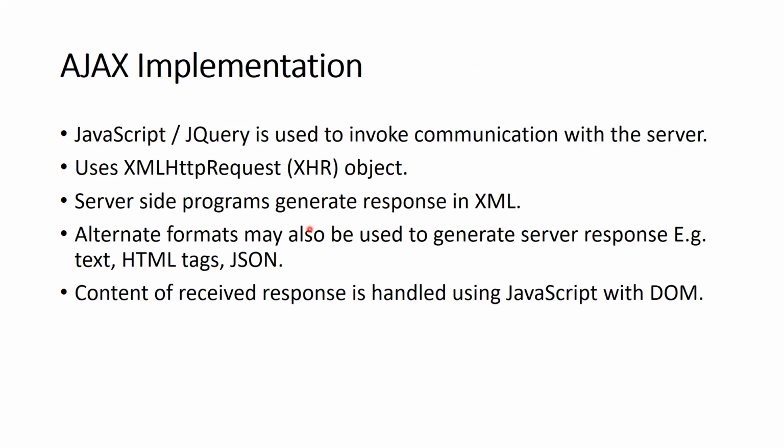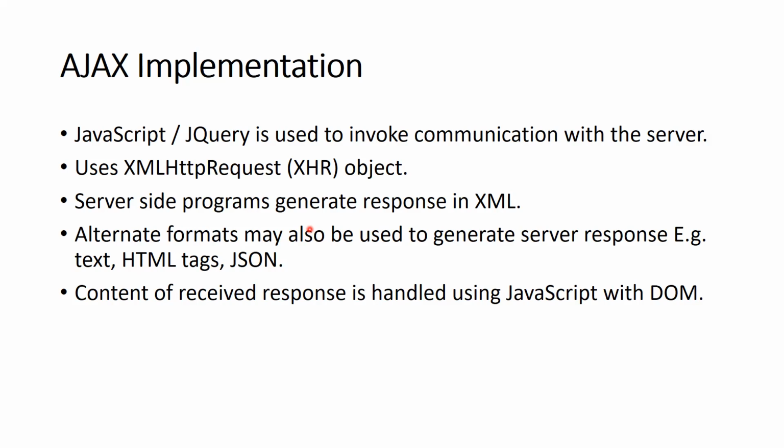Now, AJAX implementation. This is the complicated part. Why? Because the implementation part basically needs a good sense of understandability. JavaScript and jQuery are used to invoke communication with the server. So you either use AJAX with JavaScript or AJAX with jQuery, and then it invokes communication with PHP, and then PHP with the server.